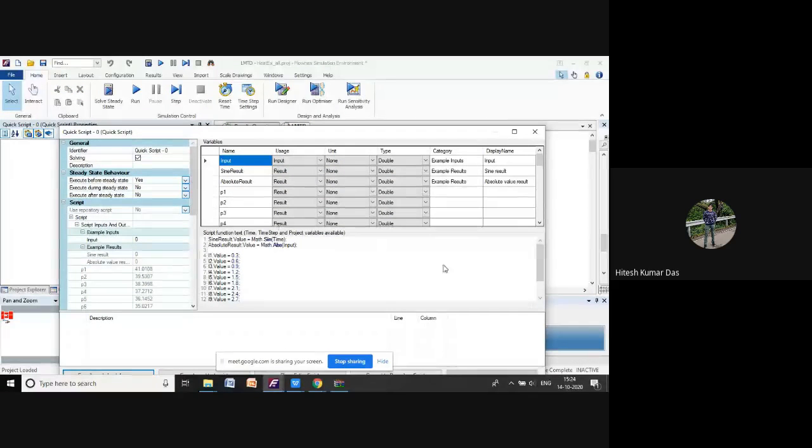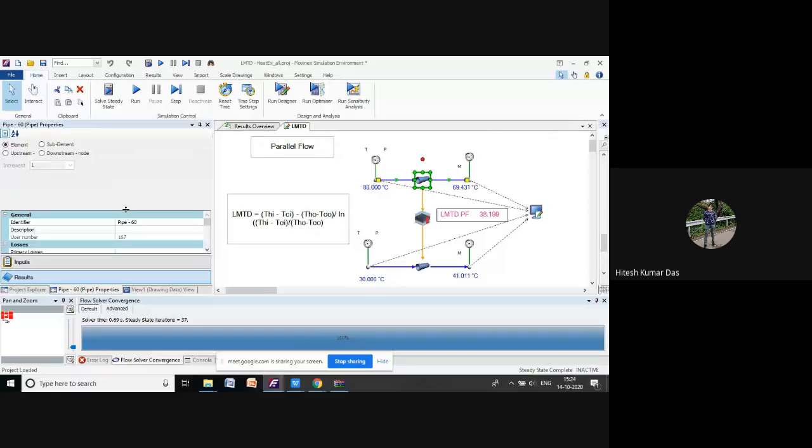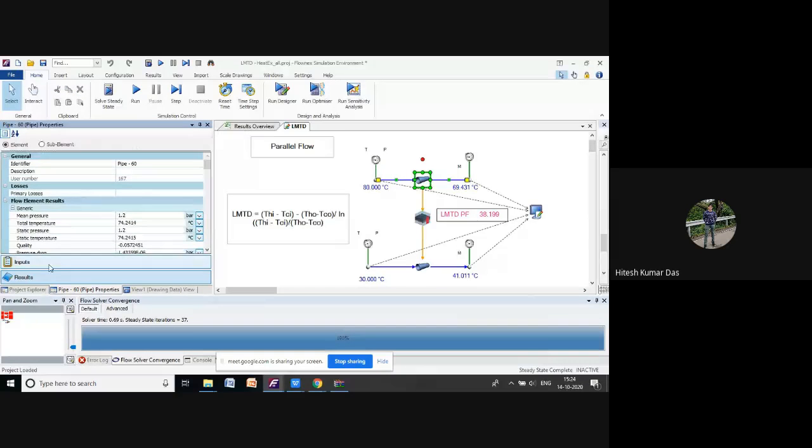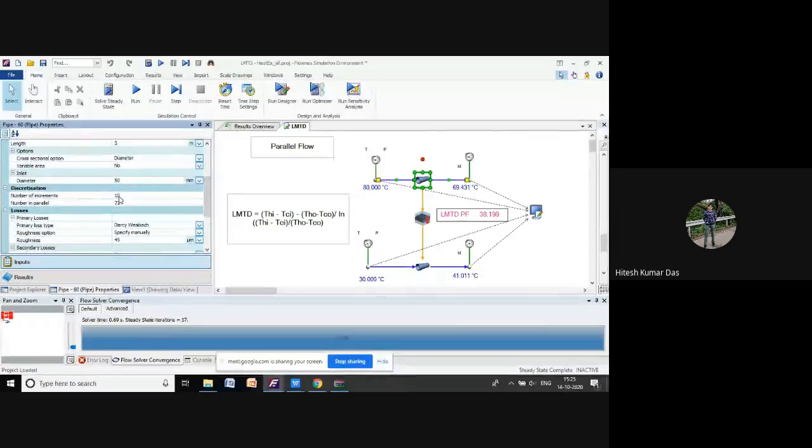You can see here, in the pipe the number of increments we are taking as 10, meaning it will divide the pipe into 10 segments to solve this.